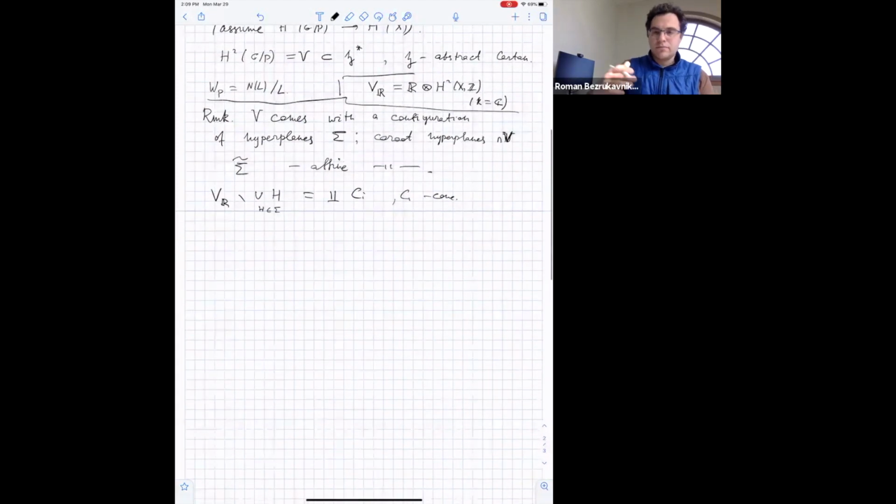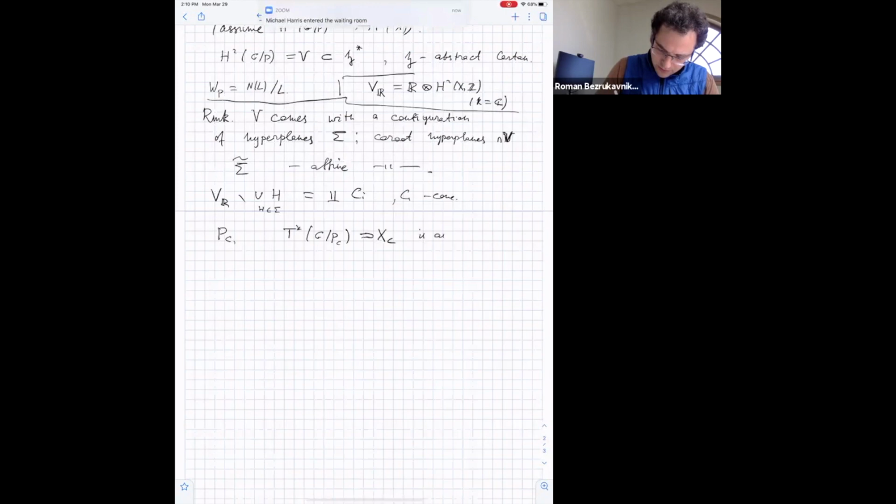And then the standard observation is that to each such cone, we can assign a parabolic associated to P, which may or may not be conjugate to P. We'll write this P_C, and then T star G mod P_C, which is equal in this first case, or contains, X_C, is another resolution.